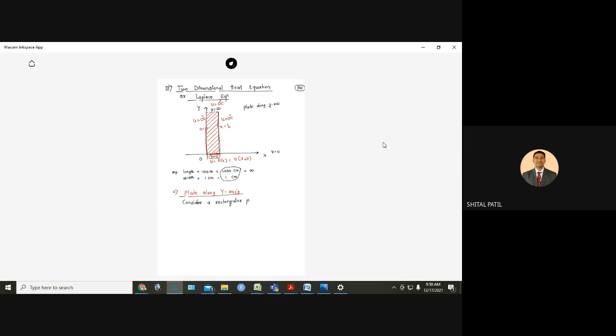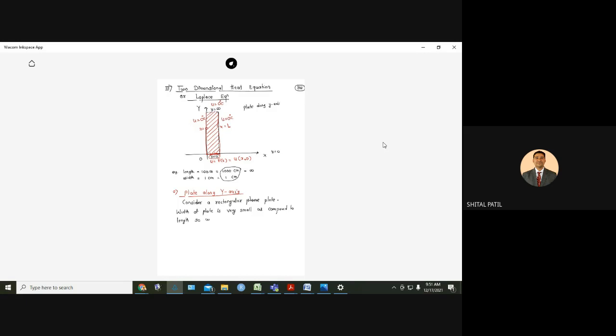Then the width of the plate is very small as compared to length.